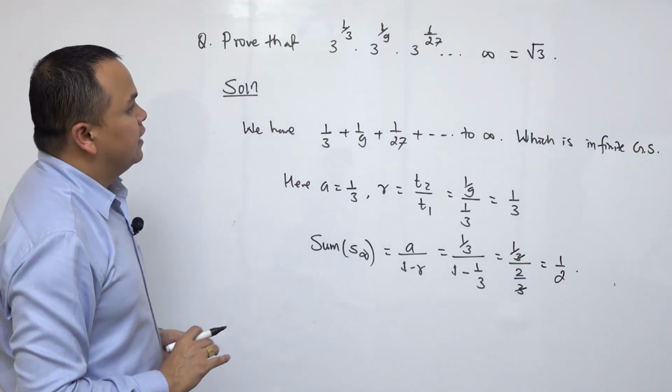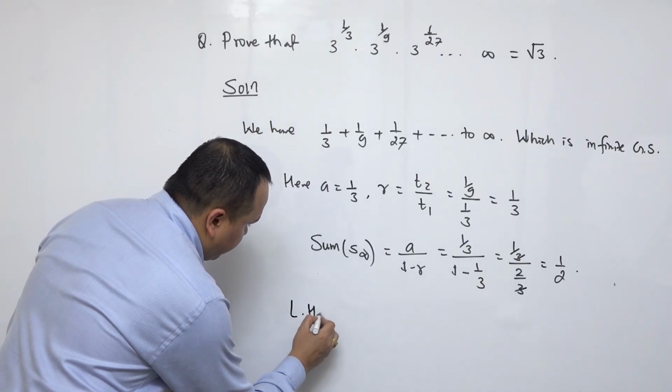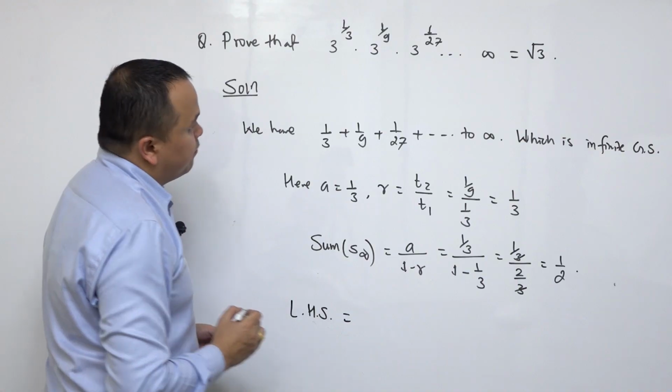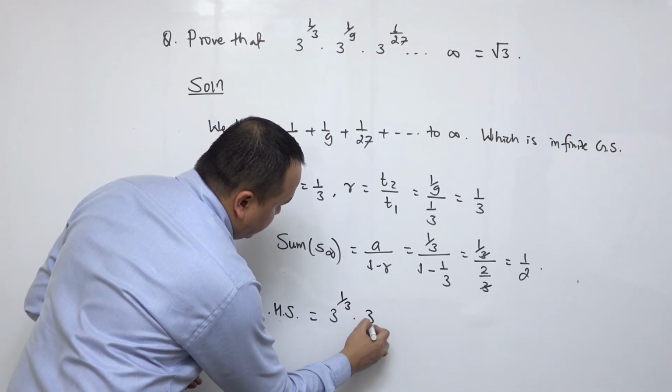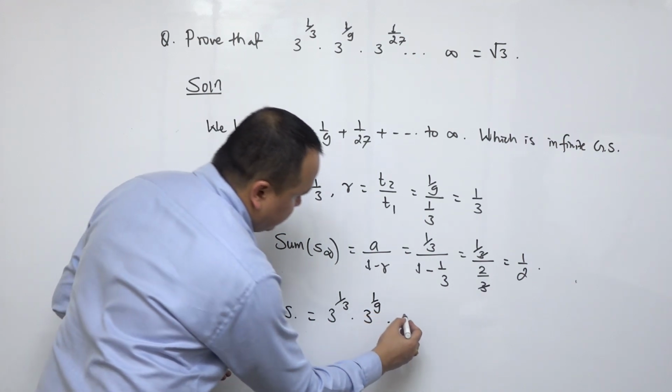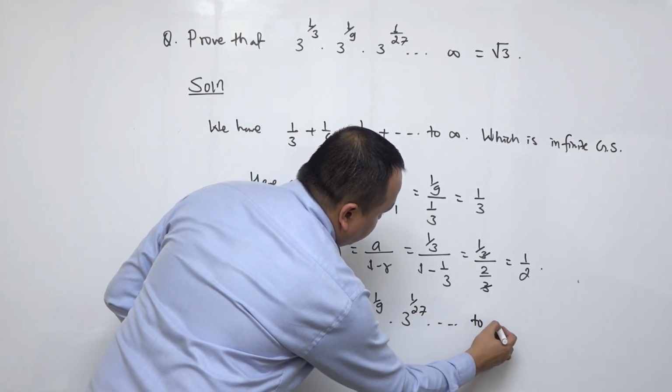Now taking the left hand side, 3 to the power 1 upon 3, 3 to the power 1 upon 9, 3 to the power 1 upon 27 to infinity.